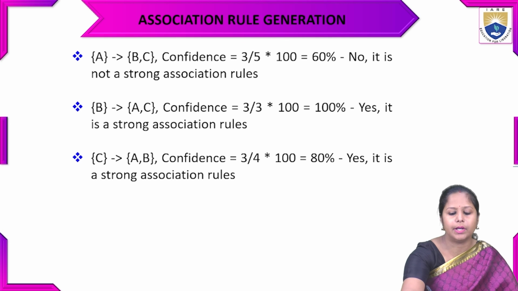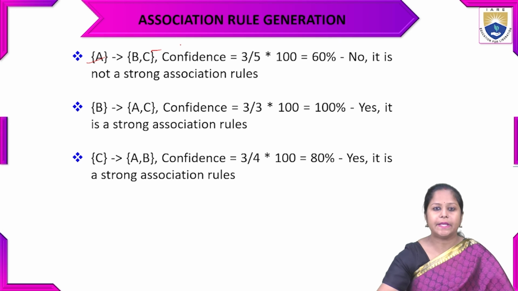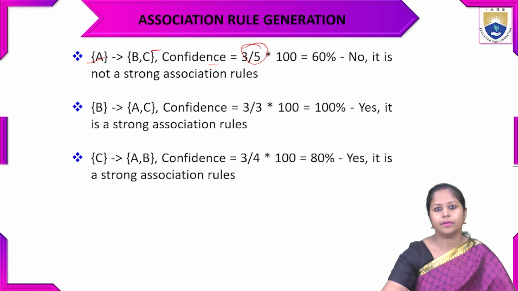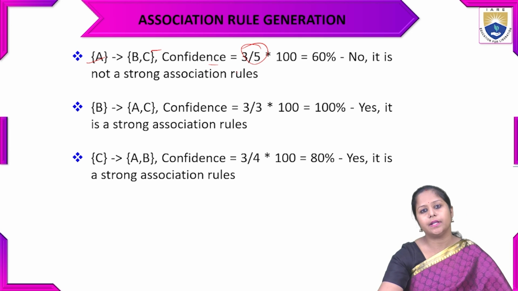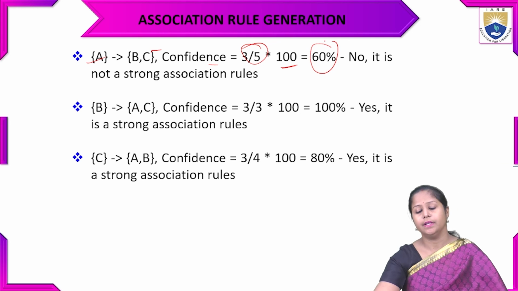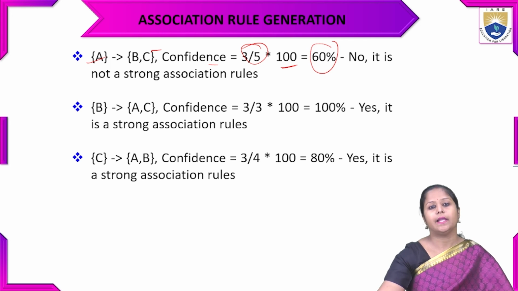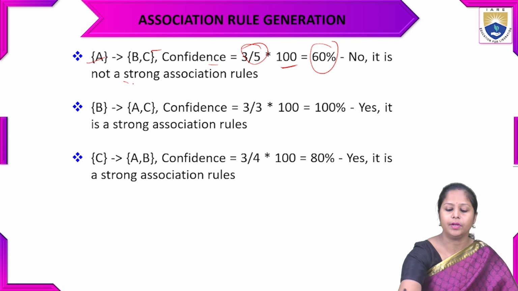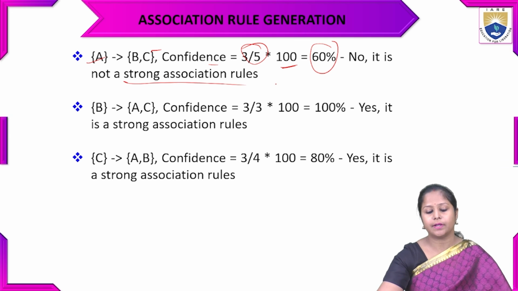Here we also have A depends on BC, the confidence is 3 upon 5 into 100, so that is 60%. That is not a strong association rule for rule generation.